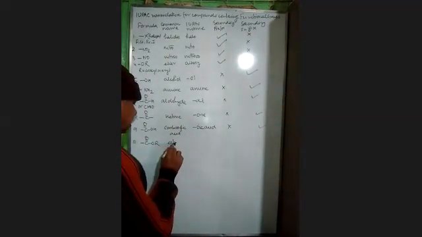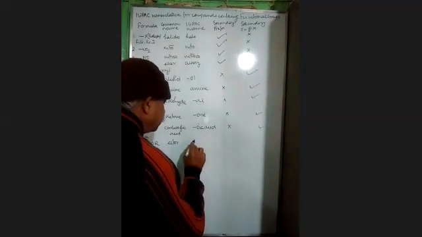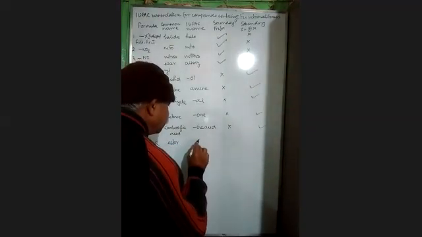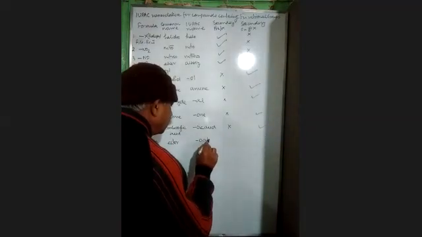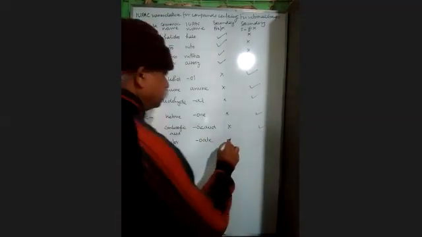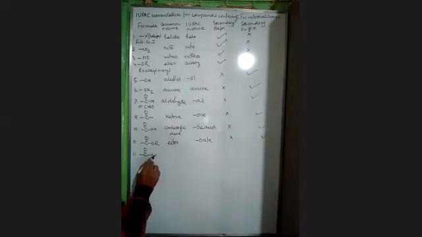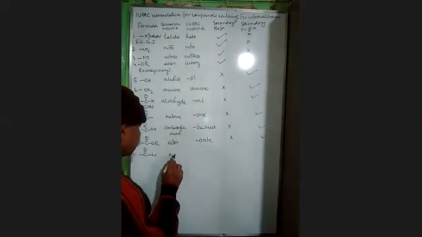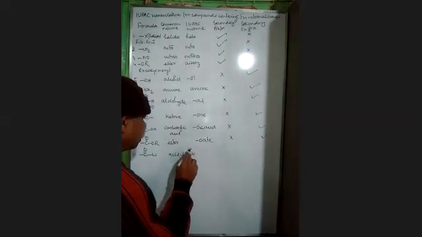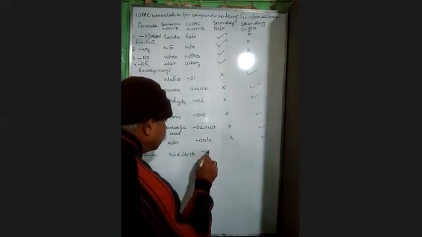We call them as ester. Here we call them as oate. We call them as acid chloride. Here we call them as oyl chloride.